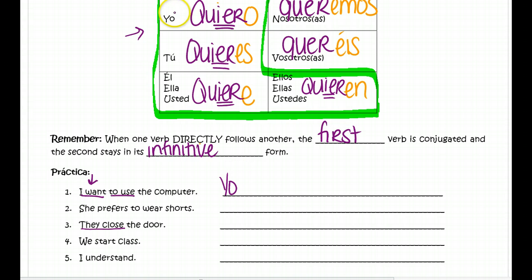The yo form is inside our boot, so we are going to have a stem change. So yo quiero, E to IE, regular yo form ending for an ER verb. And then we have the verb to use, which we're not going to conjugate because we already have a verb directly in front of it. So yo quiero usar la computadora.